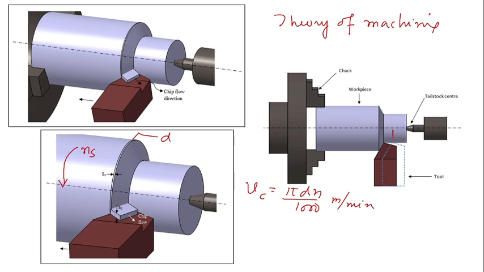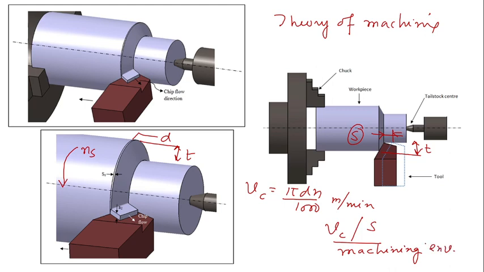This is the advancement of the tool per unit rotation of the job. This is the feed, and this one is the depth of cut. So you are going to study the effect of cutting velocity, feed and machining environment, that means under dry cutting and under lubricated cutting.